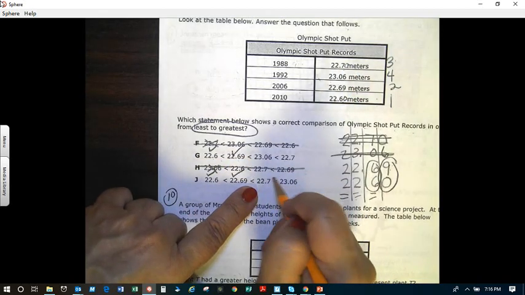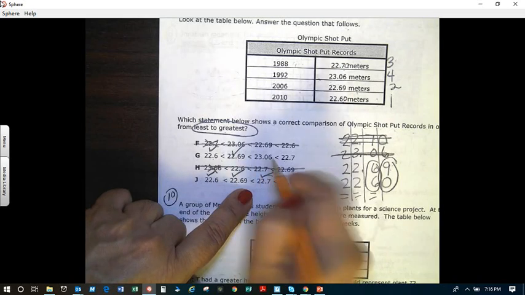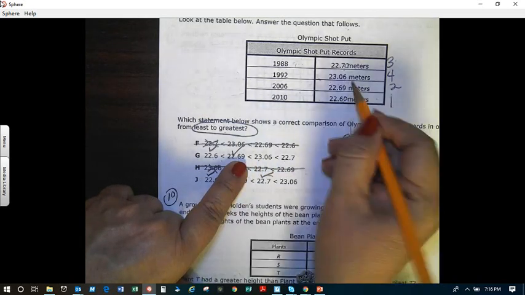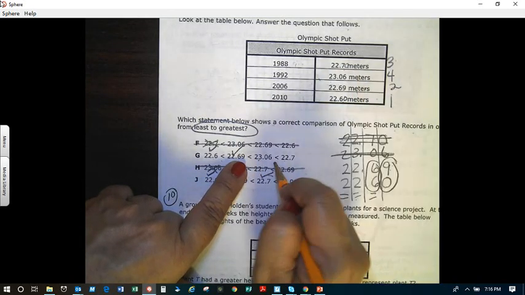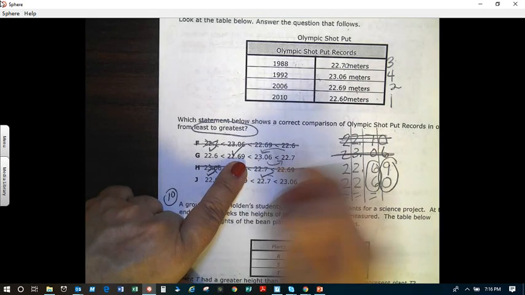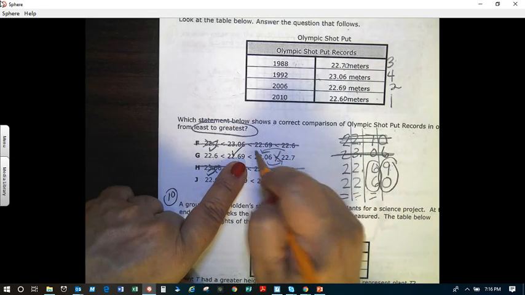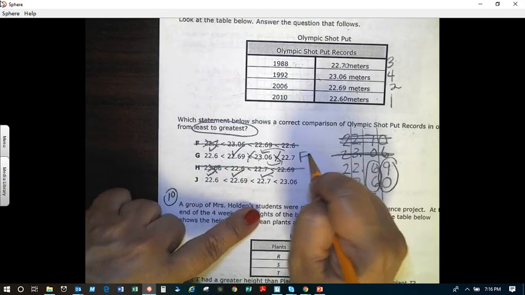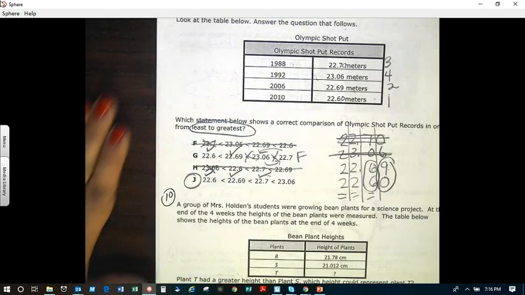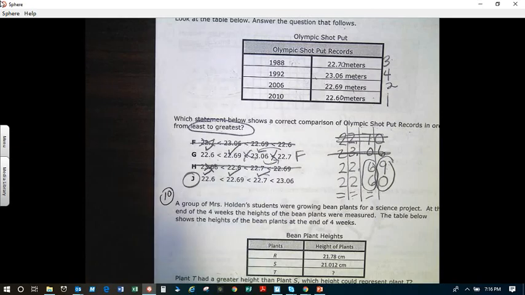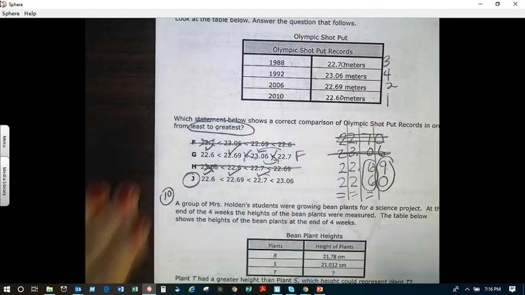So look at this right here. This is correct, but look at this one. Is that correct? No, because that one's larger. This should have been this way. So this is a false statement. False. So the best answer is J. Does that help out? You got to work backwards sometimes when you're owning those numbers so that you can better understand it.